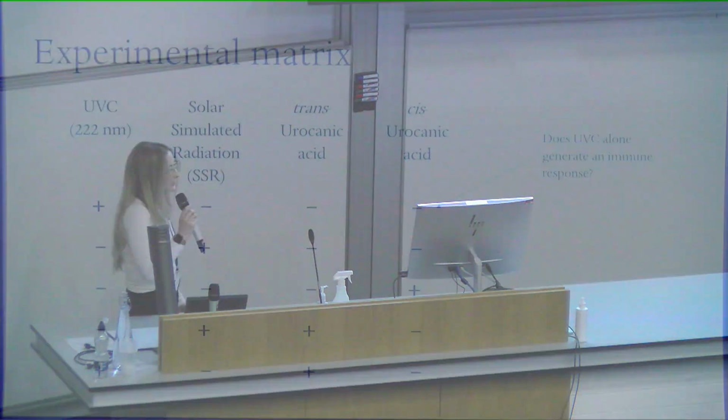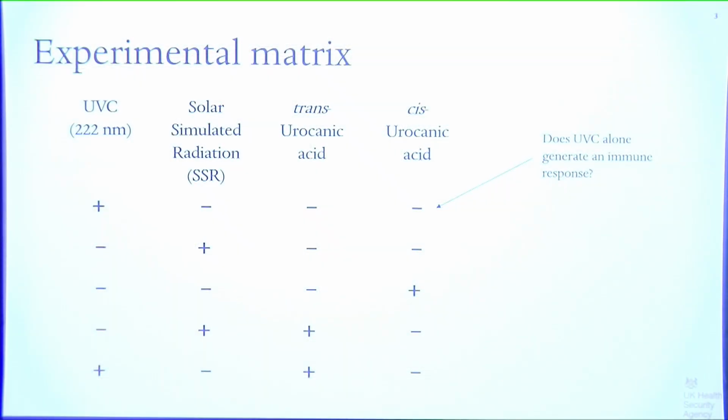The first question we had is, does far-UVC alone generate an immune response, and to what extent? Then we needed to see if this is actually biologically significant. So we exposed our keratinocytes to solar simulated radiation, because we know that this produces an immune response within the skin. And so now we've got our two positive controls.